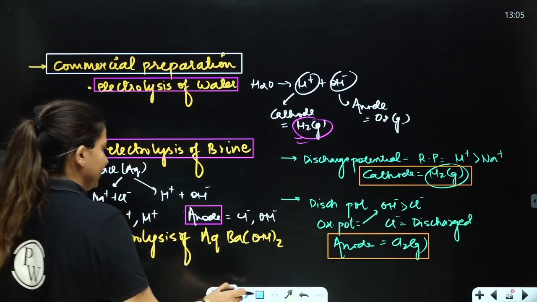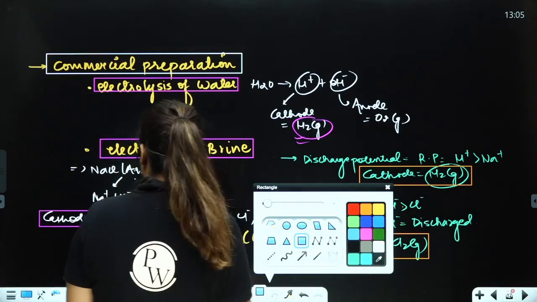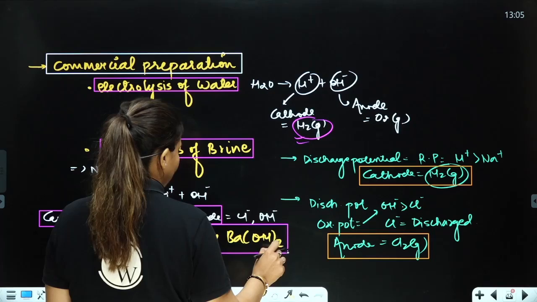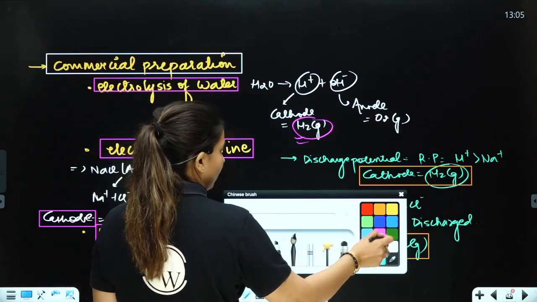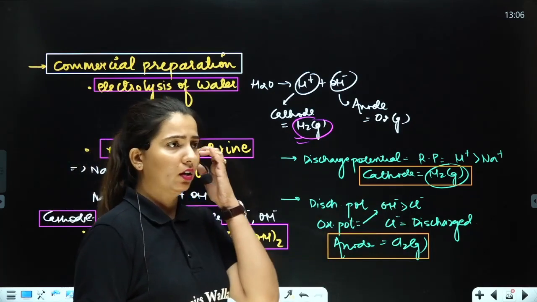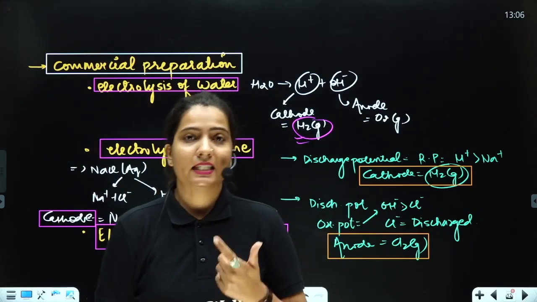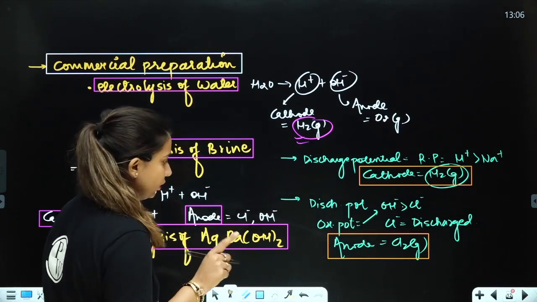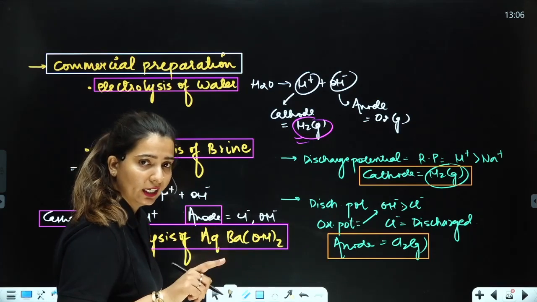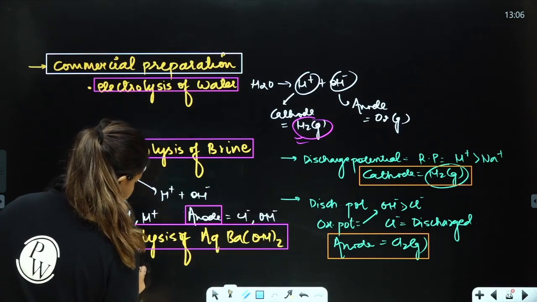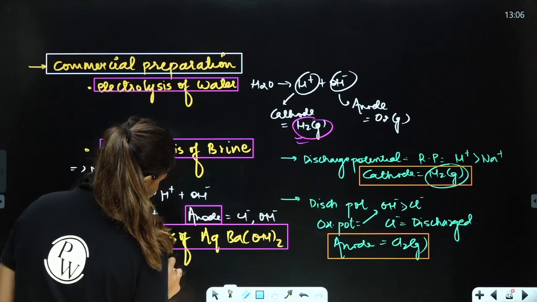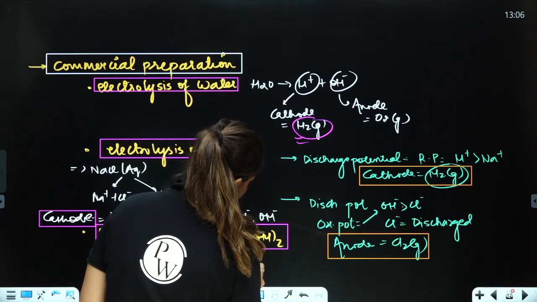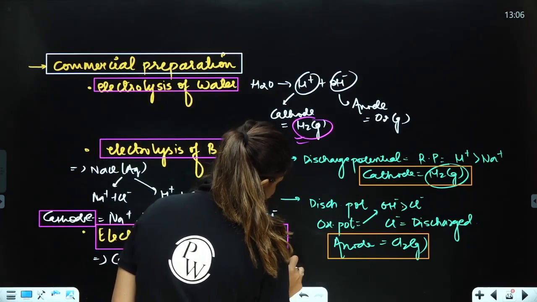Now we are discussing the electrolysis of aqueous barium hydroxide. This is something very, very important to understand and to implement in your notes, in your final readings of the chapter. Whenever we are using aqueous barium hydroxide during the electrolysis, we are getting at the cathode hydrogen gas, and this hydrogen gas is 99.9% pure.